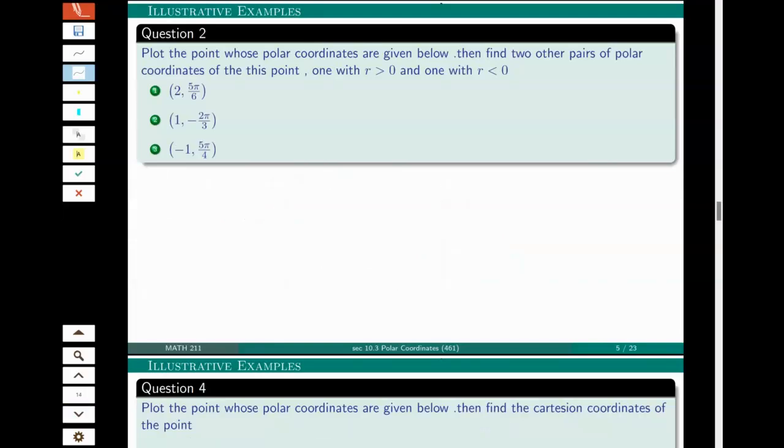Now, if I have minus 1 and 5 pi over 4, first locate the point itself. 5 pi over 4 is like 4 pi over 4 plus 1. 4 pi over 4 is here, so that is the angle 5 pi over 4. And if it is minus 1, it means we go opposite to it.